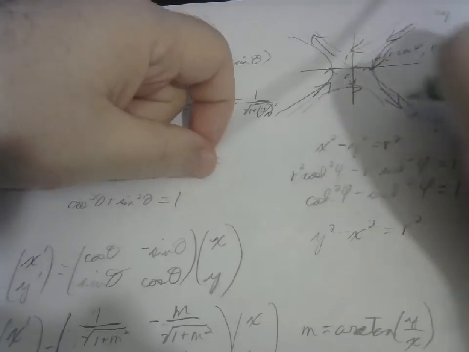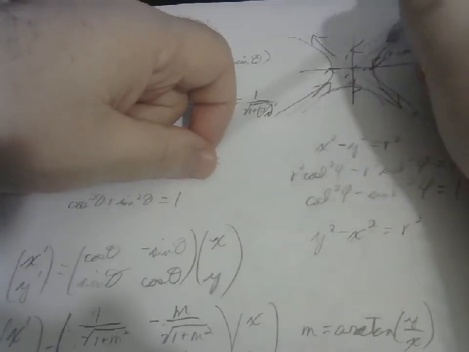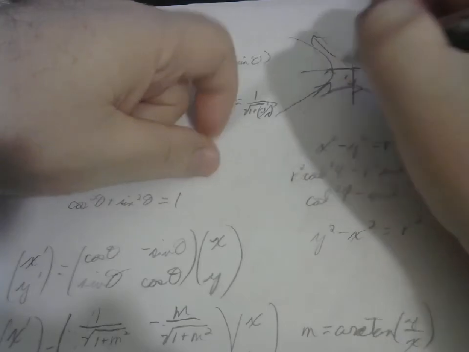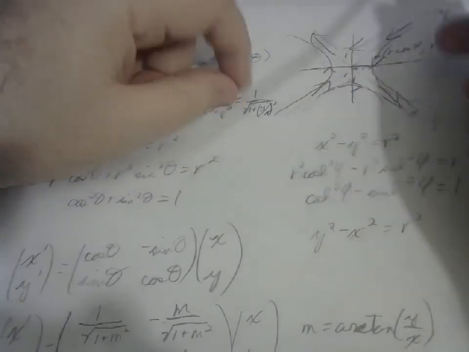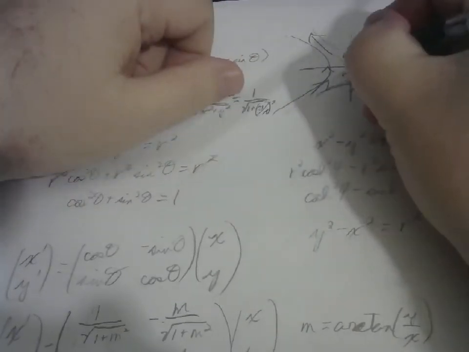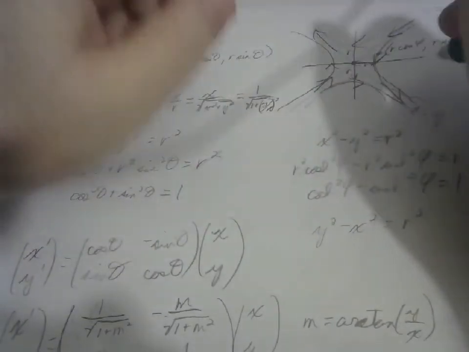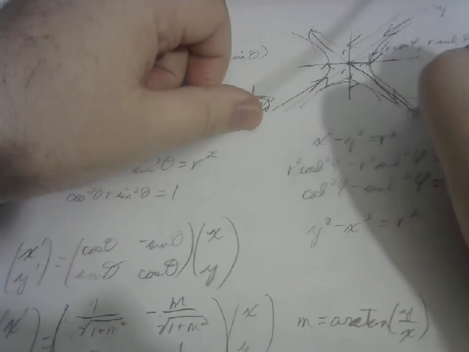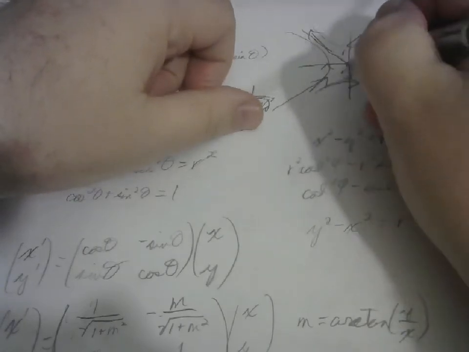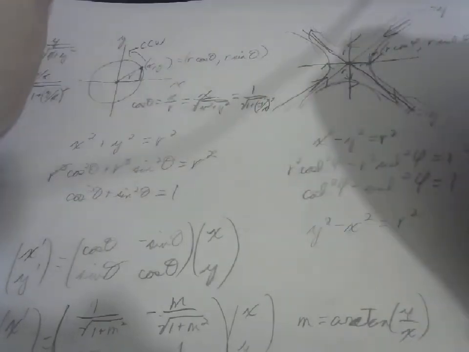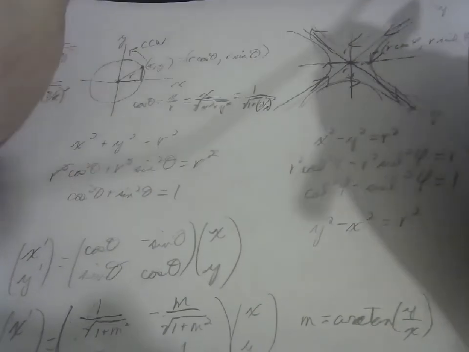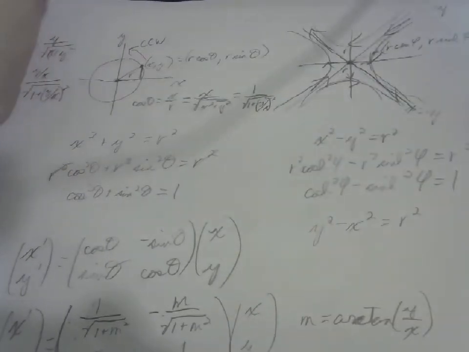So events that are on the hyperbolic path stay on the hyperbolic paths, and it's not a rigid structure, but it does preserve these slopes. These slopes are preserved as it changes its shape.